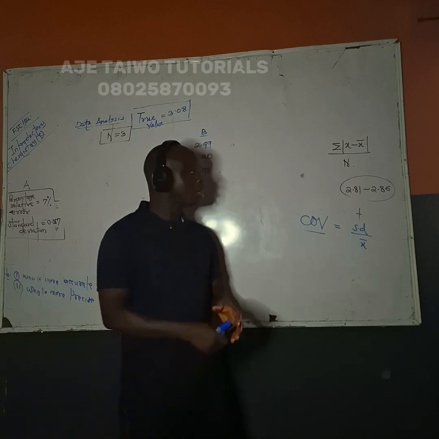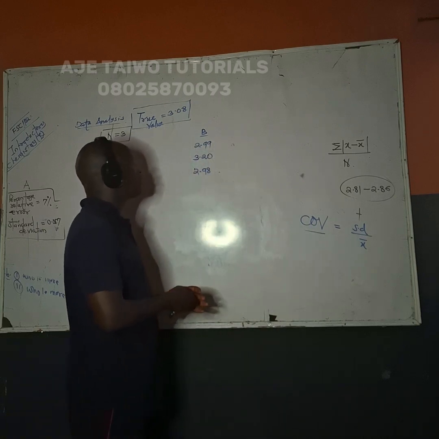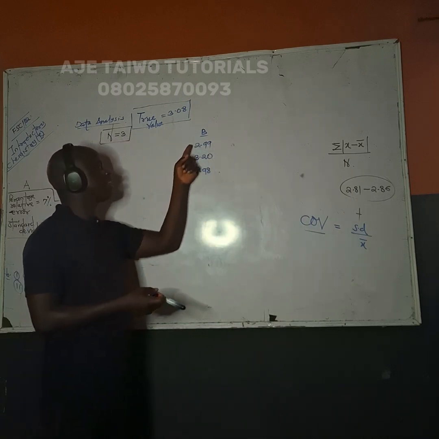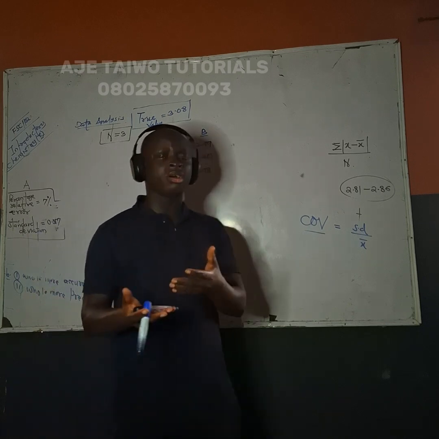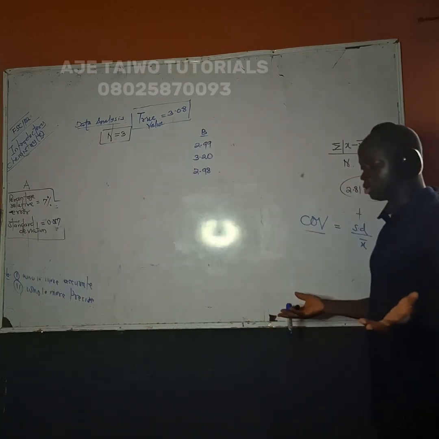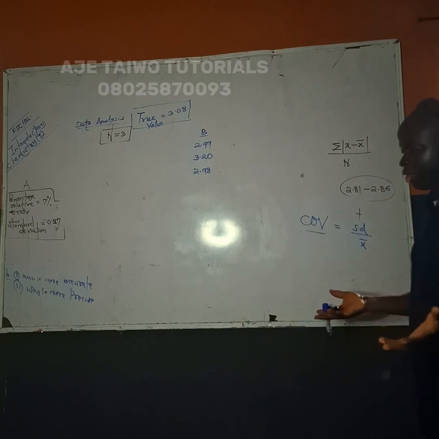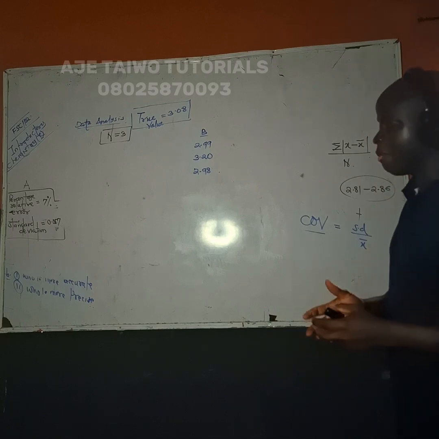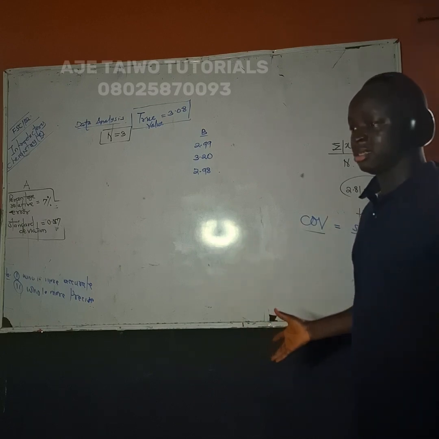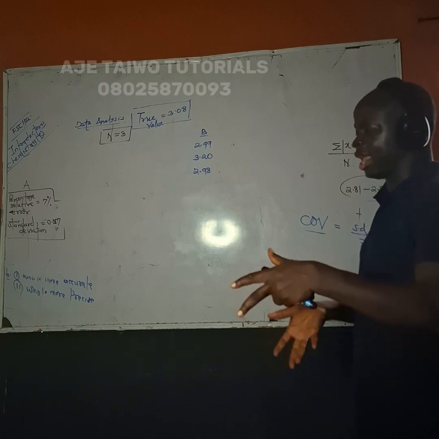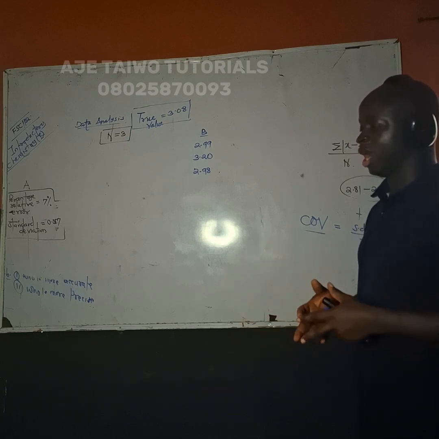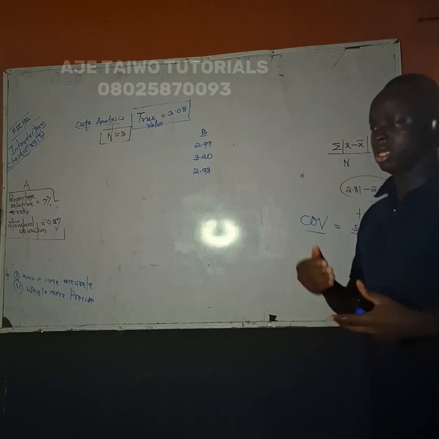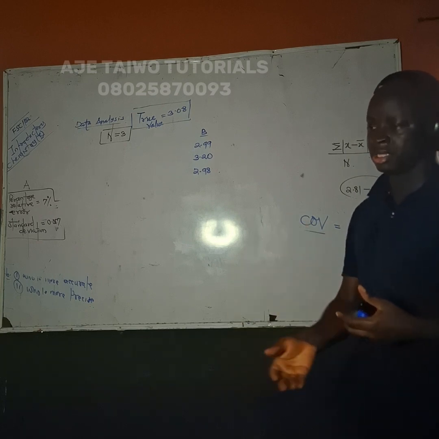Now, in standard deviation, if your data is not that much, possibility of errors are bound. But if your data are well scattered, the more data you collect, the more the possibility of you having data that fall within the range.